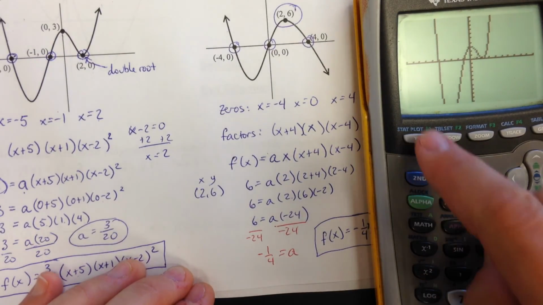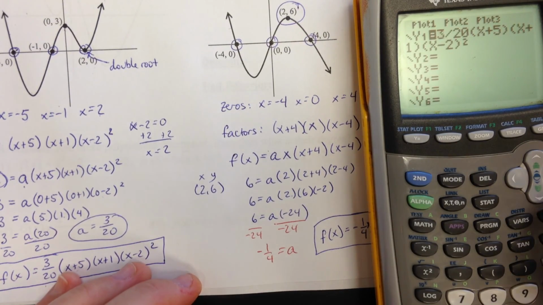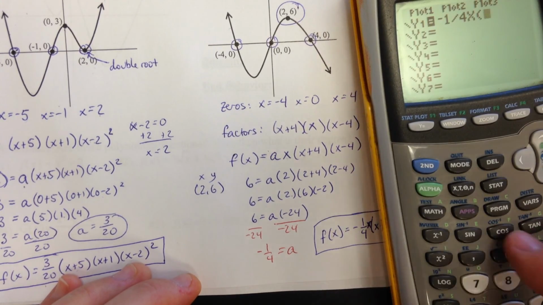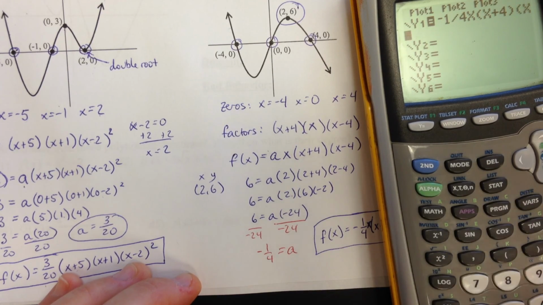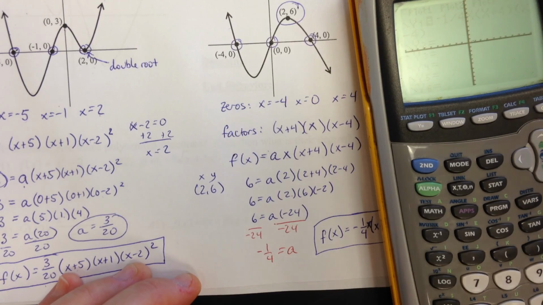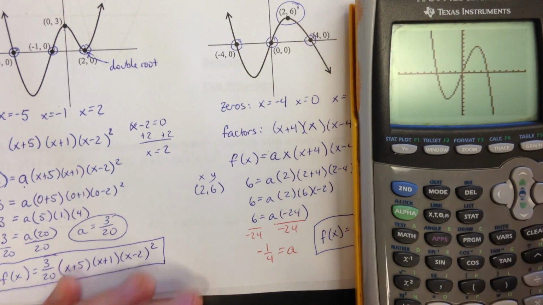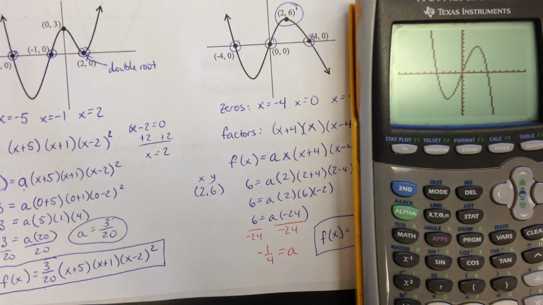Let's go to y equals and see how accurate we are. So we have -1/4 x times, was it x plus 4 times x minus 4. Okay, we'll graph it. All right, looks pretty good. And that is the end of the notes.